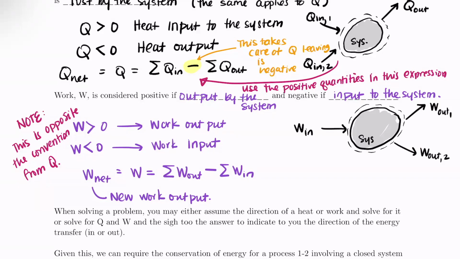So we have W net for this case is, sorry, we have W out 1 plus W out 2 minus W in. Okay. Does that make sense? Okay, cool.